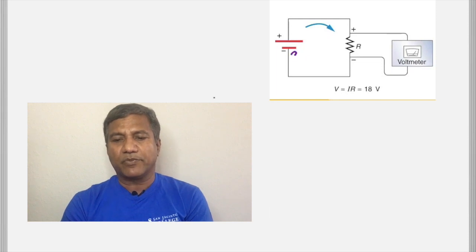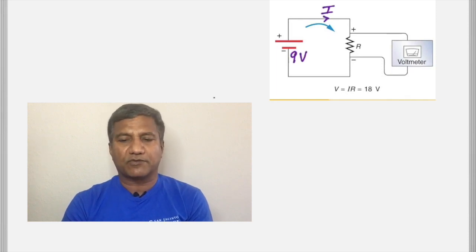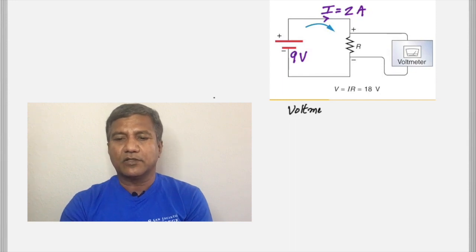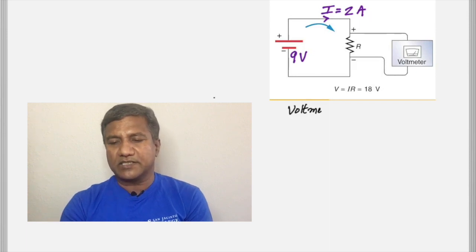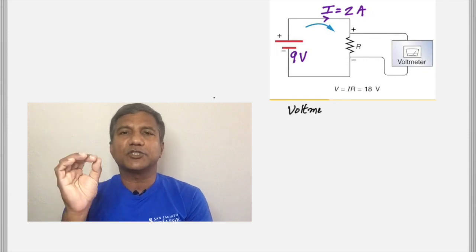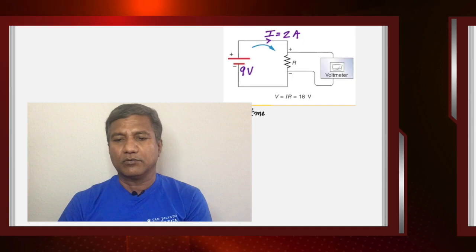So let's assume that the voltage of the battery is 9 volt and that it sends a current of 2 ampere through this resistance. Now, what does the voltmeter read is the question. What does the voltmeter read? The voltmeter will surely read 9 volts.